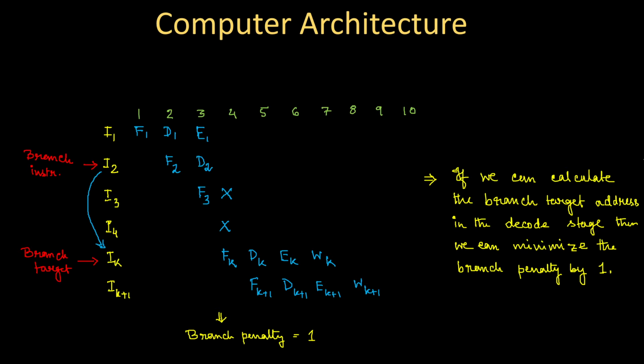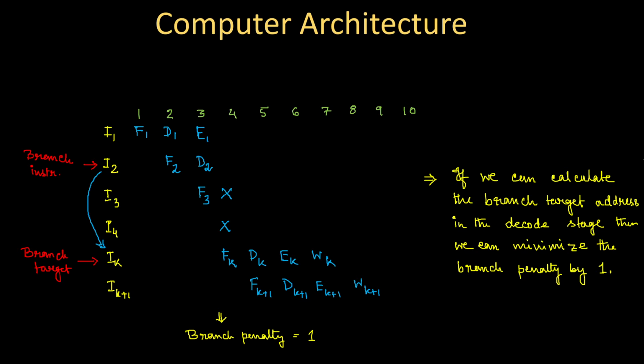So we have discussed the branch penalty, and we have seen how we can minimize it a little bit. Minimizing it by early calculation of the branch target address in the decode stage cannot be a complete solution.